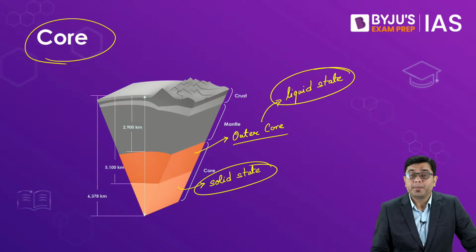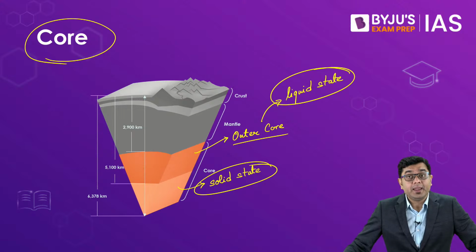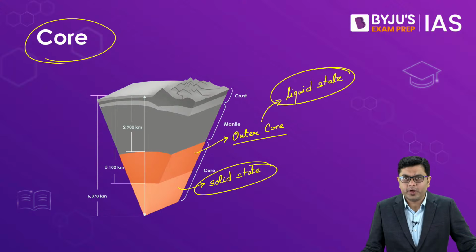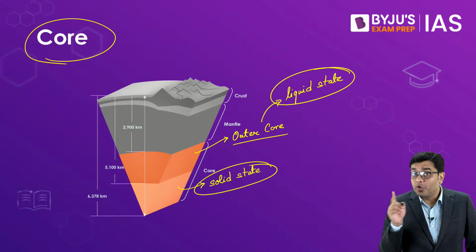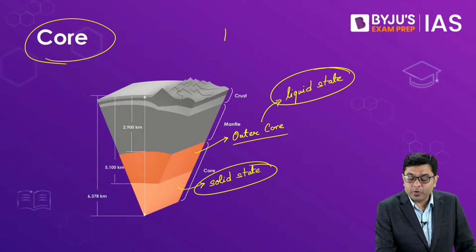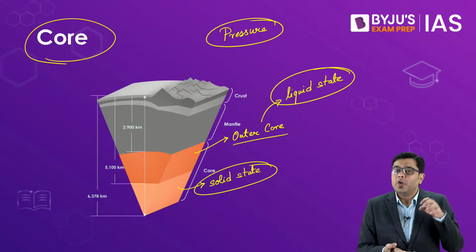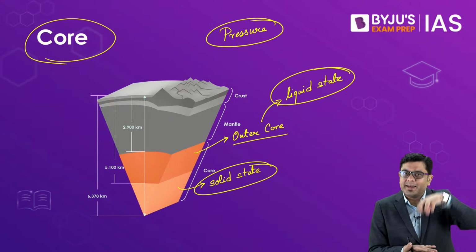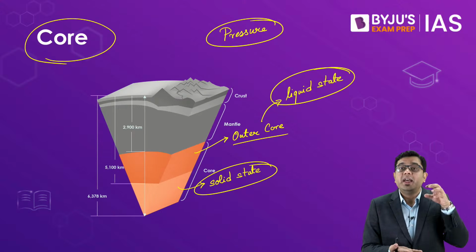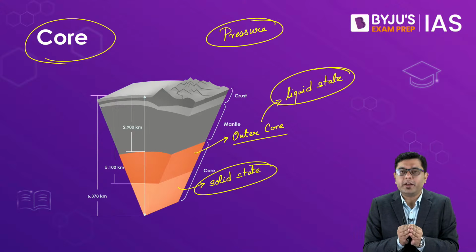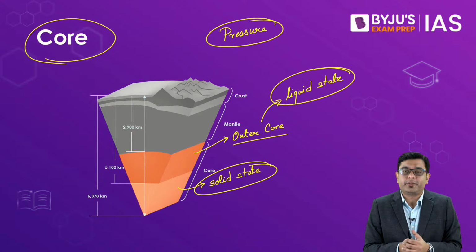Why is that? The temperature is high enough that the outer core gets molten. But why is it that the inner core is in a solid state? That is owing to the phenomenon that we talked about, the phenomenon of pressure. Understand this with the help of the fact that when you exert a very high amount of pressure, the materials in the inner core are unable to expand.